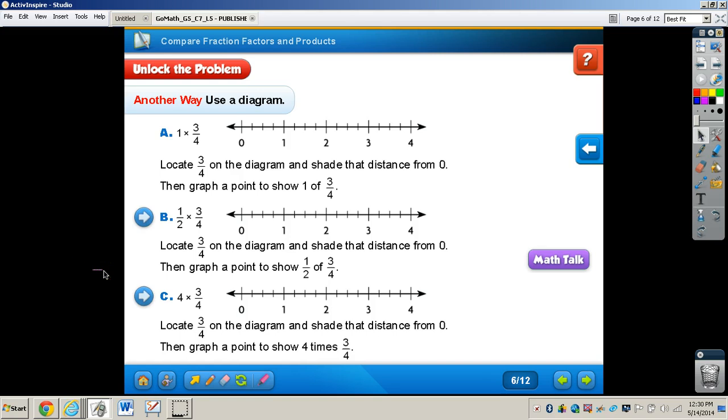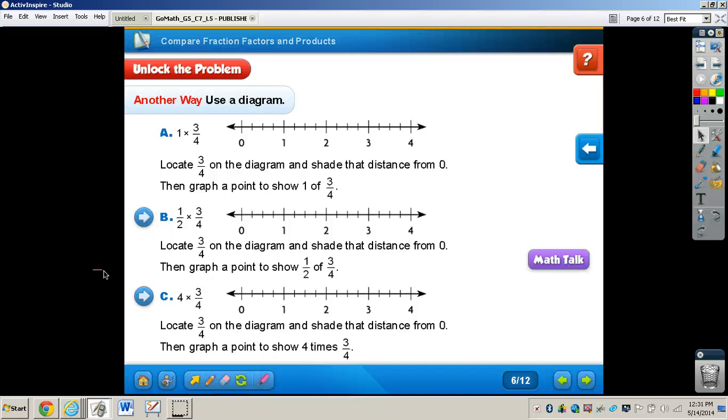Okay, let's look at this another way here. It says you can use a diagram at the top of page 308. It says you can use a diagram to show the relationship between the products when a fraction is multiplied or scaled, resized by a number. Okay, so let's take a look at letter A. It says 1 times 3/4.